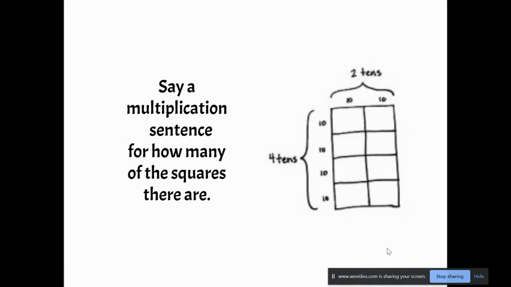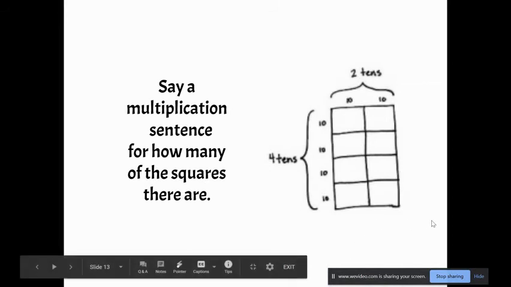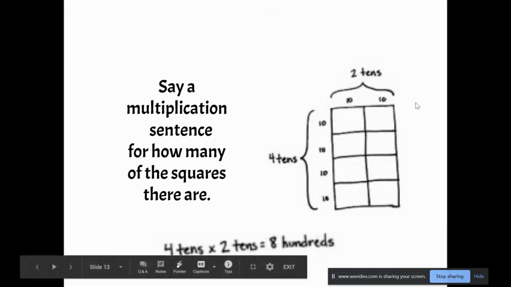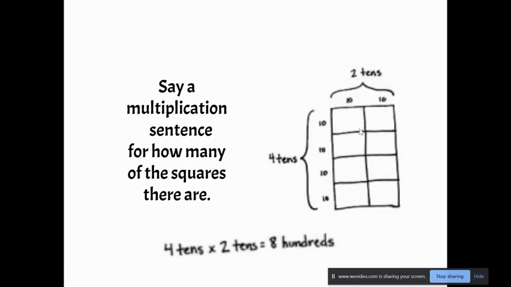So let's see a multiplication sentence for how many of the squares there are. I might say 4 tens times 2 tens is equal to 8 hundreds. Because remember, the area of each one of my squares is 10 by 10 or 100. So that's 1, 2, 3, 4, 5, 6, 7, 8 hundreds.